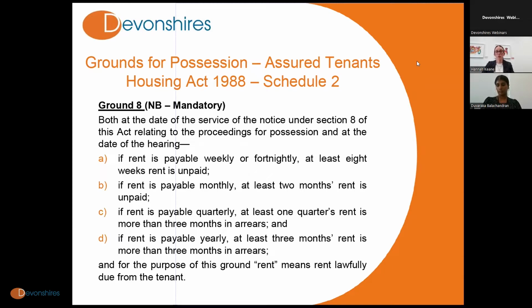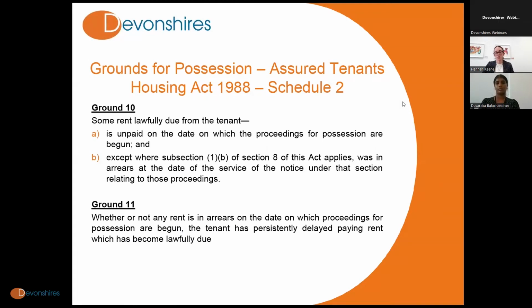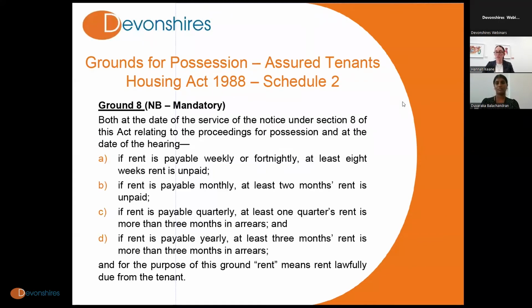So for rent paid weekly or fortnightly, that's at least 8 weeks. For rent paid monthly, that's at least 2 months. Rent paid quarterly, at least 1 quarter's rent, and then rent paid yearly, at least 3 months rent or more than 3 months in arrears. And rent in those circumstances is just rent lawfully due from the tenant.